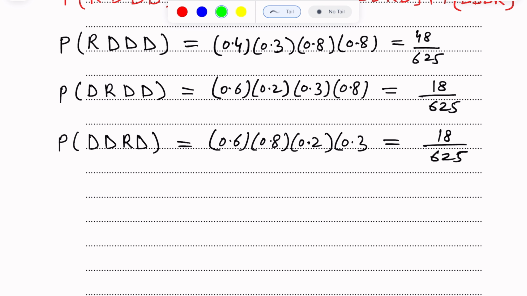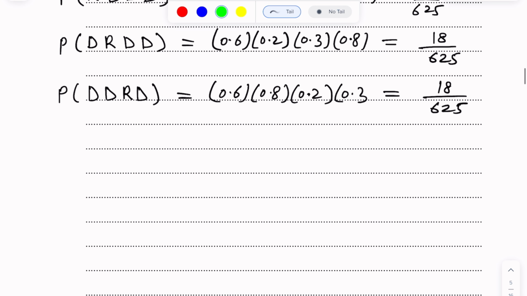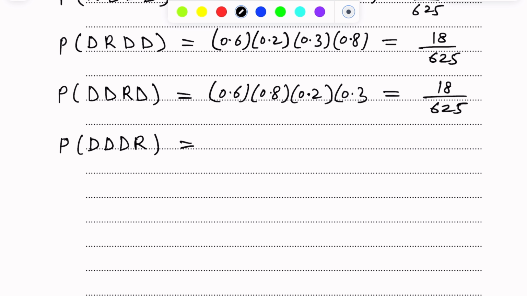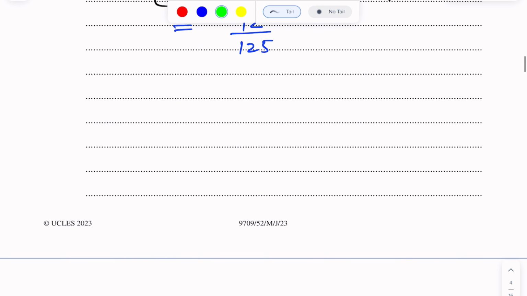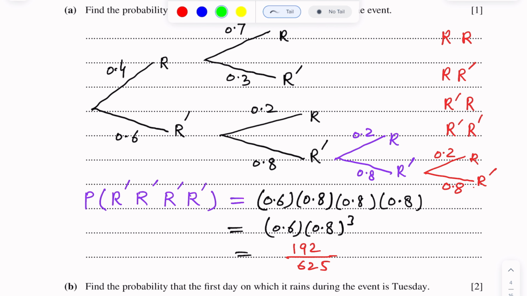The last option of this question is DDDR: dry, dry, dry, and raining is 0.2.